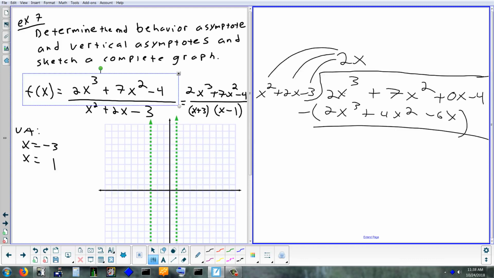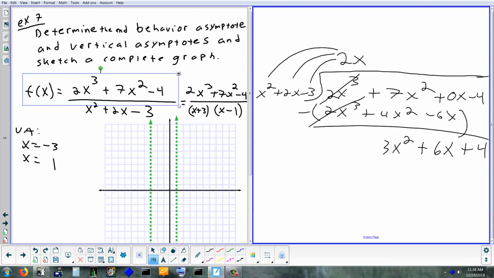And subtract all that. 2x cubed minus 2x cubed, that's gone. And Joe, what about 7x squared minus 4x squared? It subtracts it by x squared. 3x squared. And then 0x minus 6x. That gives me plus 6x.